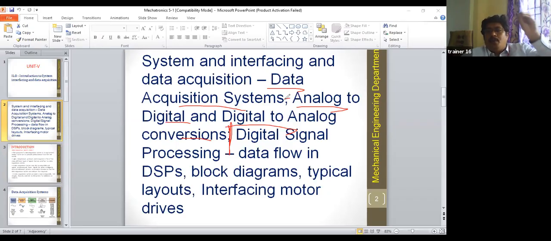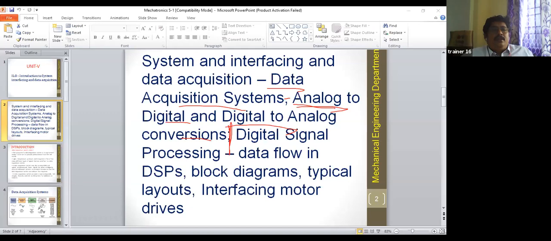According to our requirement, we can use those components to make the signal correct. Then in the data acquisition system there are the ADC and DAC, analog to digital conversion and digital to analog conversion. So the heart of the data acquisition system is ADC or DAC or the combination of these.